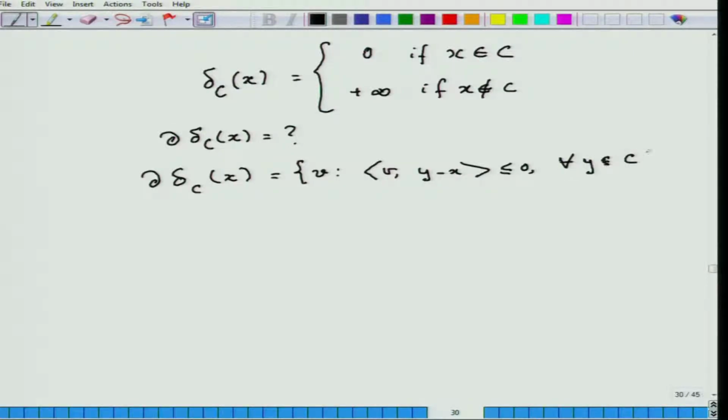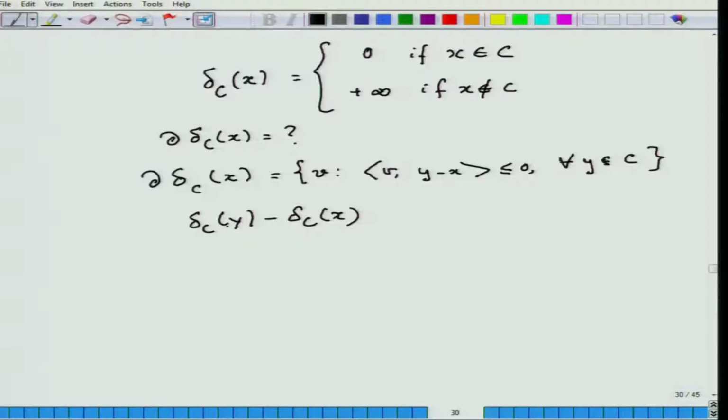Now, how do you prove this? This proof is quite simple, because if I write down the indicator of C at y minus the indicator of C at x, you see x has to be in C, because otherwise it is not finite. So, if x is in C, this is always 0, and here it is either 0 or infinity.